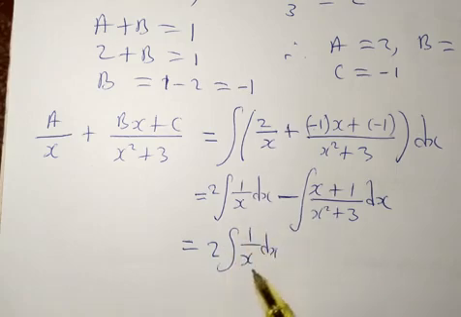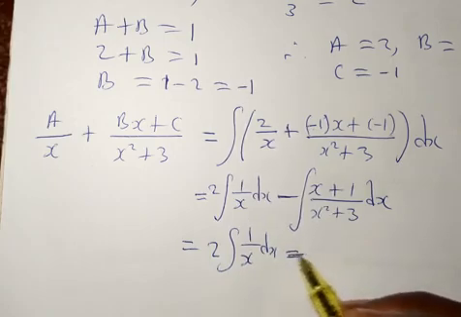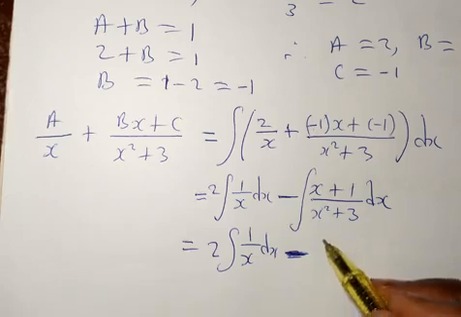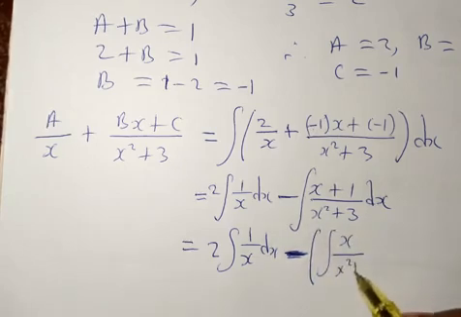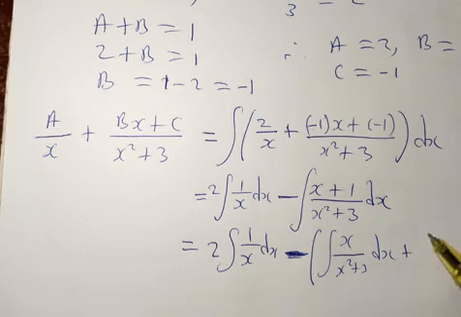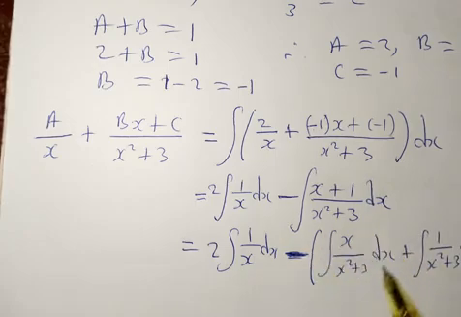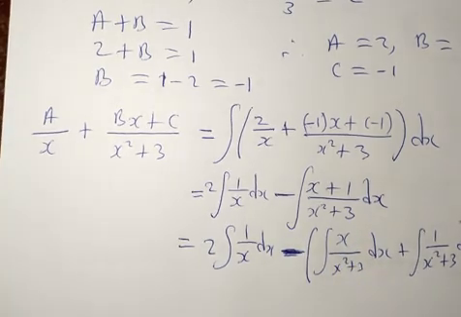We can just do this one straightforward, but because of the complexity of this, this will now give us minus integral of x over x square plus 3 dx, then plus integral of 1 all over x square plus 3 dx. The one that hinders us from doing anything is this, the middle one. So this middle one, we need to work on it first before we can finalize our answer.